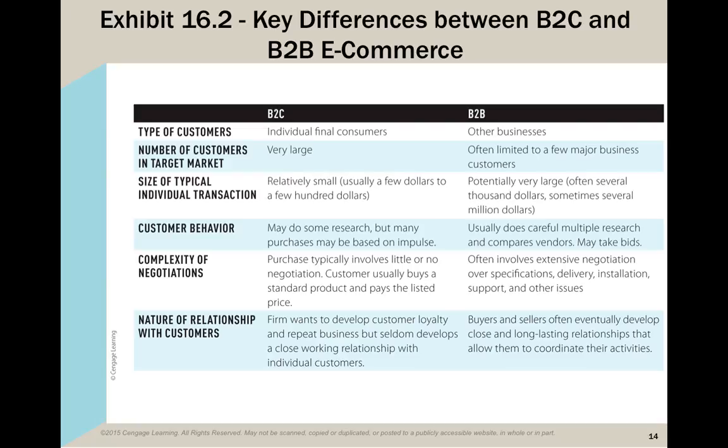There's usually some pretty extensive negotiation that goes on, and these negotiations can cover everything from price to delivery, installing hardware that might be needed at a store level, for example, other support, and maybe you're developing a special program for that customer. So there's lots of very complex negotiations.